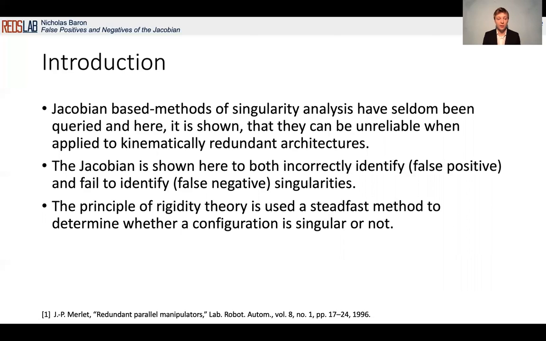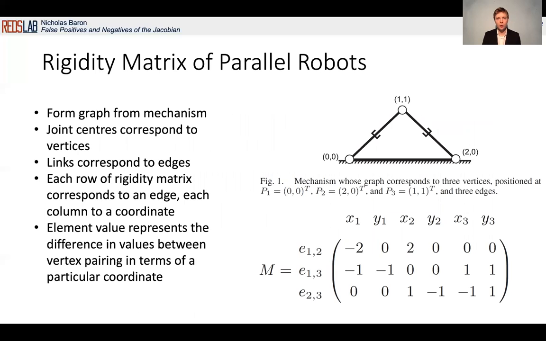And this is verified using the principle of rigidity theory as a steadfast method to determine if the mechanism is rigid or not in a particular configuration, and therefore it's a steadfast method of determining if we are in a singularity or not.